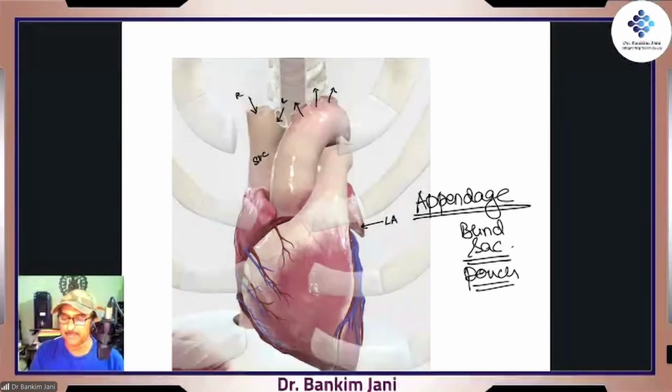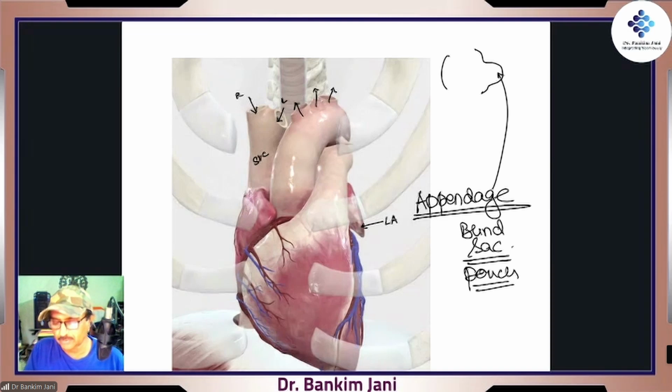What does that mean? This is a chamber, and if there is something like this out-pouching, it is called an appendage. Blood goes in, but it is just an out-pouch. It is not going anywhere further. So this appendage is like that.